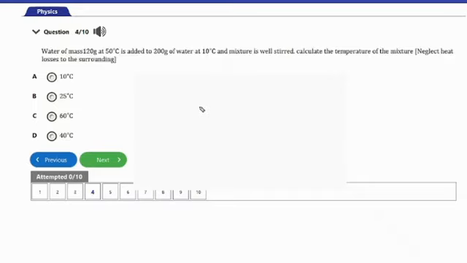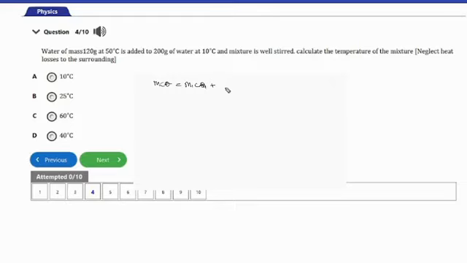It says, water of mass 120 gram at 50 degrees Celsius is added to 200 grams of water at 10 degrees Celsius and the mixture is well stirred. Calculate the temperature of the mixture. Neglect heat losses to the surrounding. Let's go ahead and tackle this together. We can use the formula MC theta is equal to M1C theta 1 plus M2C theta 2.